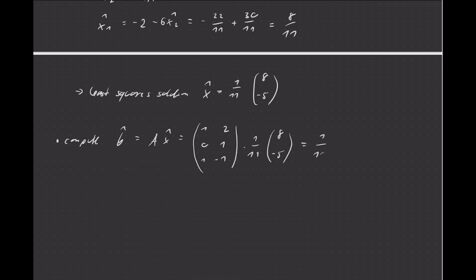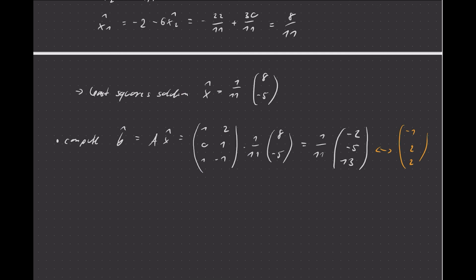And we get 1 over 11 times, let's see, 8 minus 10, that's minus 2, minus 5, and 8 plus 5, that is 13. So that's the corresponding right-hand side vector compared to our original right-hand side vector, which was, remember, minus 1, 2, 2. Right? So that is the vector that is closest to the original and is in the column space of A.